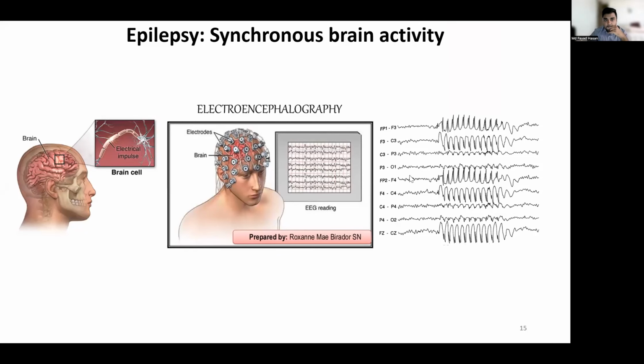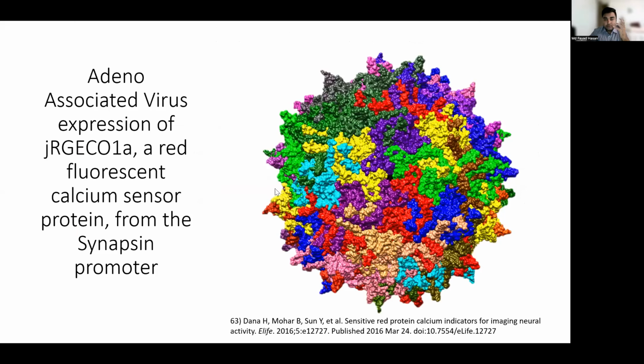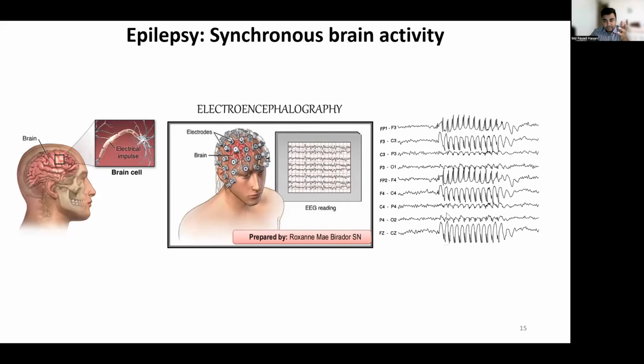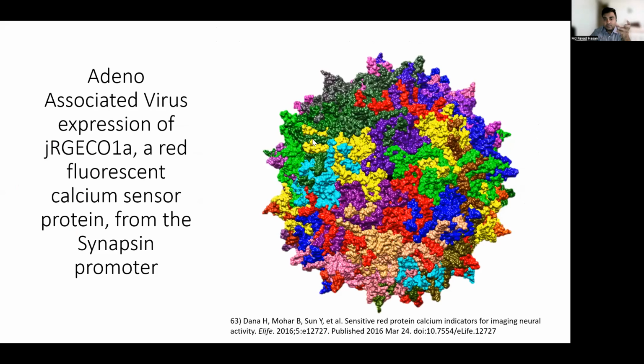And this is the epilepsy recording I was telling you about. If you put a lot of electrodes, you will see that the brain is firing a lot at the same time. That's called epilepsy. To see if we can find this epilepsy inside our culture, we infected them with an optogenetic marker.